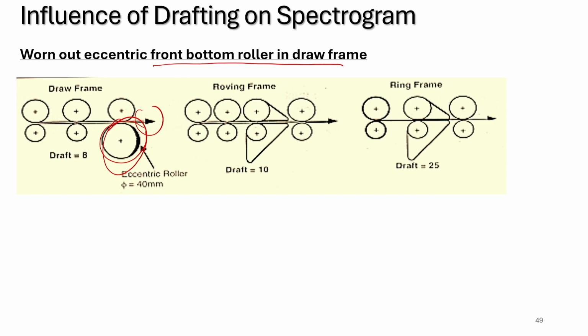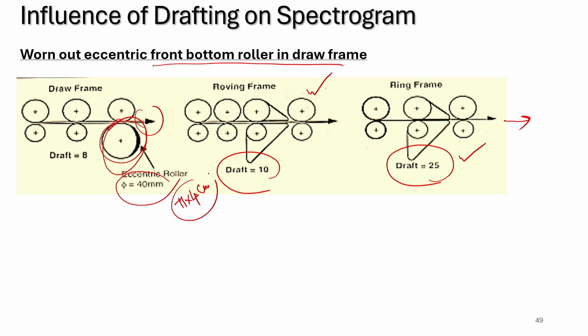If the front bottom roller diameter is 40 millimeter, then it will be drafted 10 times in the roving frame and 25 times in the ring frame. Effectively, the periodic fault in the drawframe sliver will have a wavelength of pi into 4 centimeter, 4 pi centimeter.